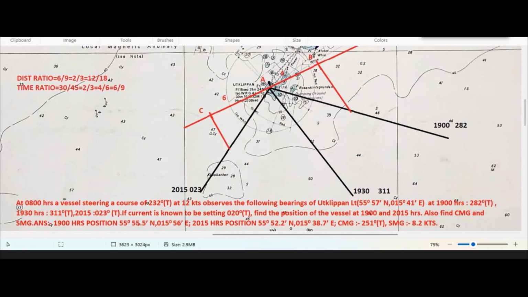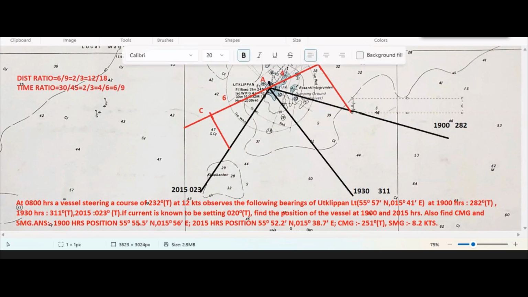You can take anything, A to B, B to C or C to B, but on this side it should be less. The first time interval is less, so we cannot take AB equal to 6 and AC equal to 4. You cannot take that, because the first time interval was 30 minutes and the second was 45 minutes.